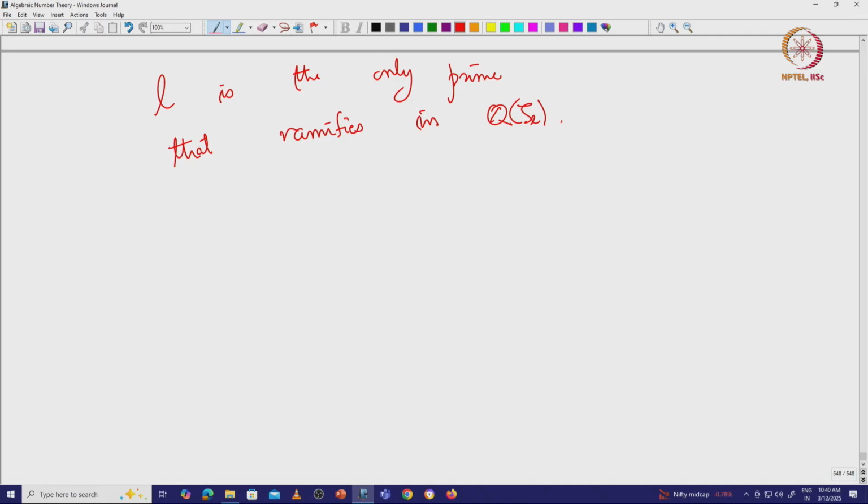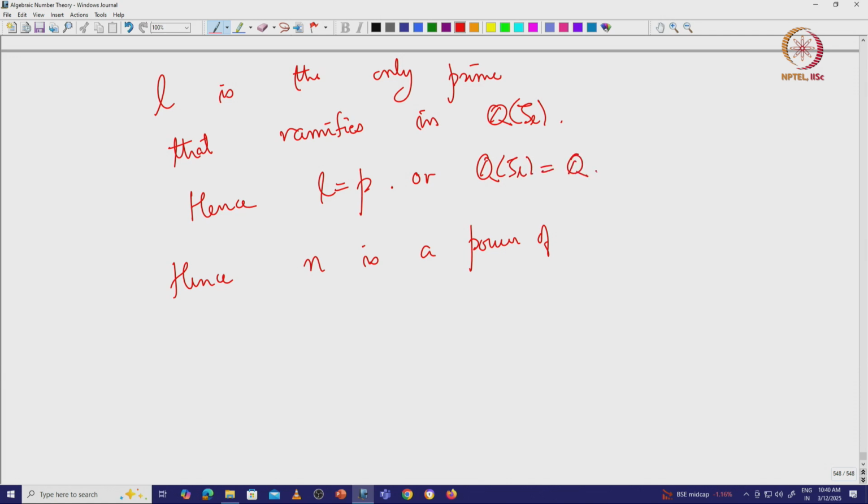So, L better be equal to p, right. Hence n is a power of p, or Q(zeta_L) is equal to Q, right. In this case L is equal to 2.